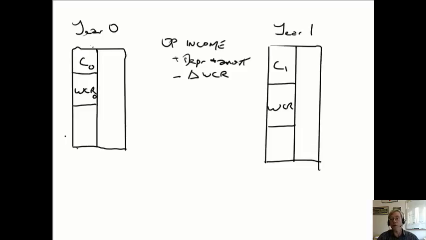Clearly, if our working capital requirement increases, as it seems to do here, from to here, that increase must be financed. If the sources of financing remain exactly the same, then it must be financed by changes in cash balances.